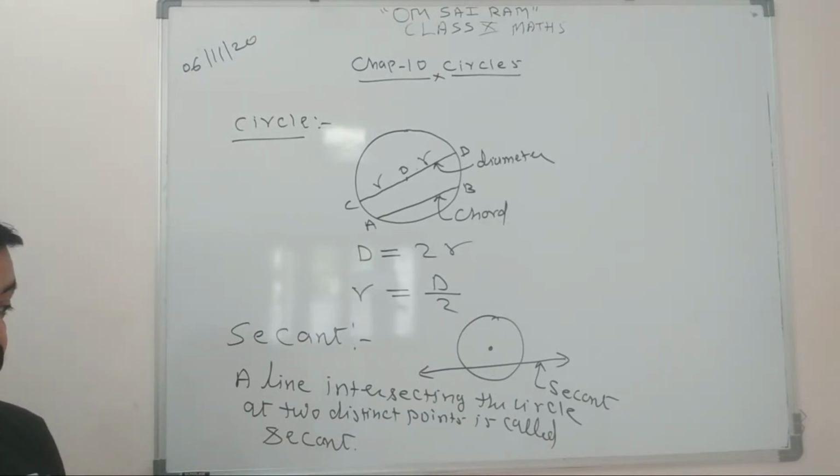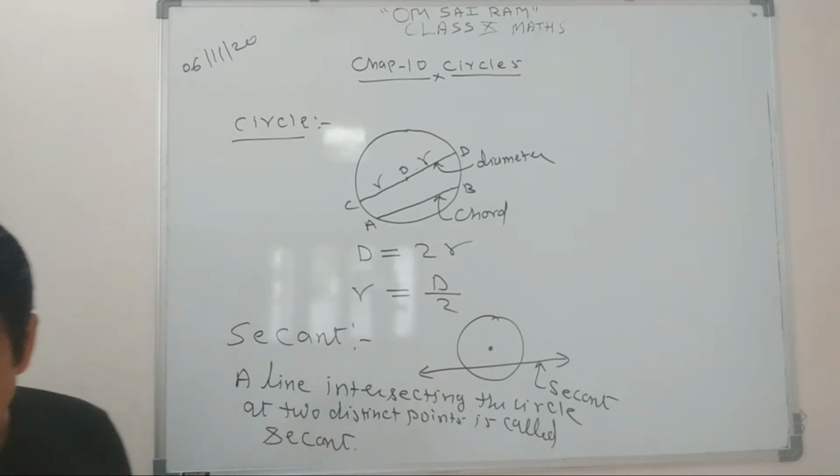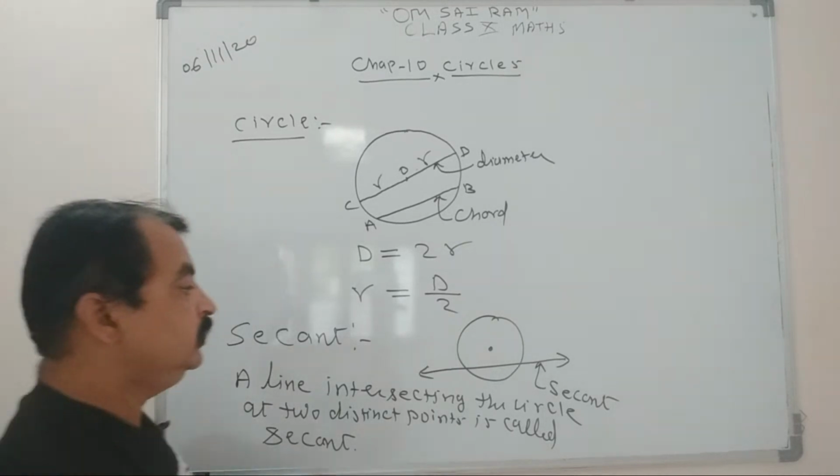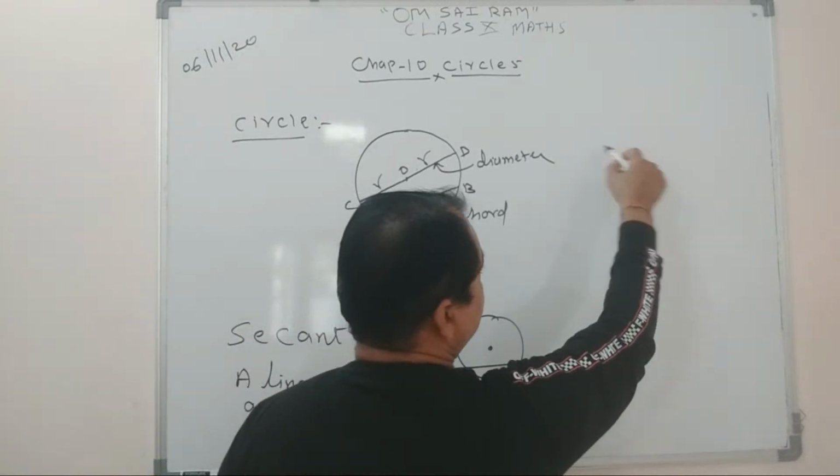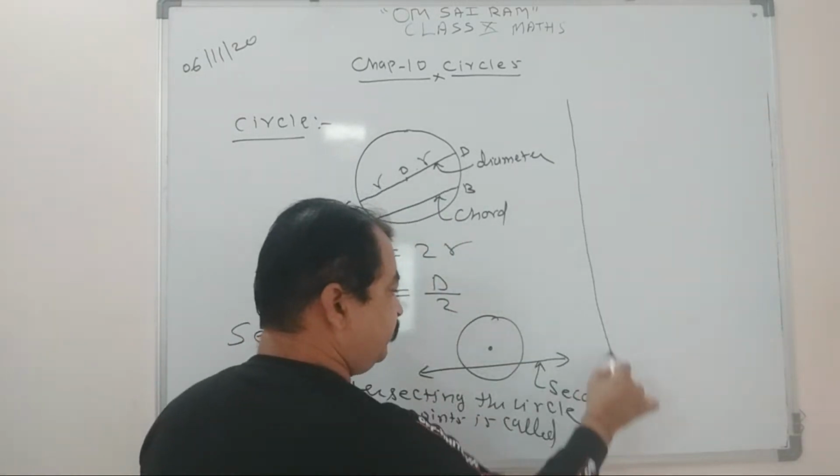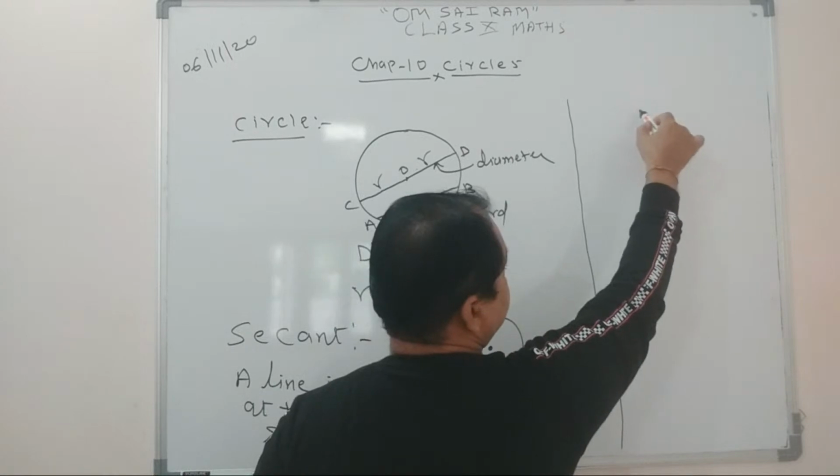One more important term we require, children, is the tangent of a circle. So how would you define the tangent? Now see the next part, that is the tangent, children.